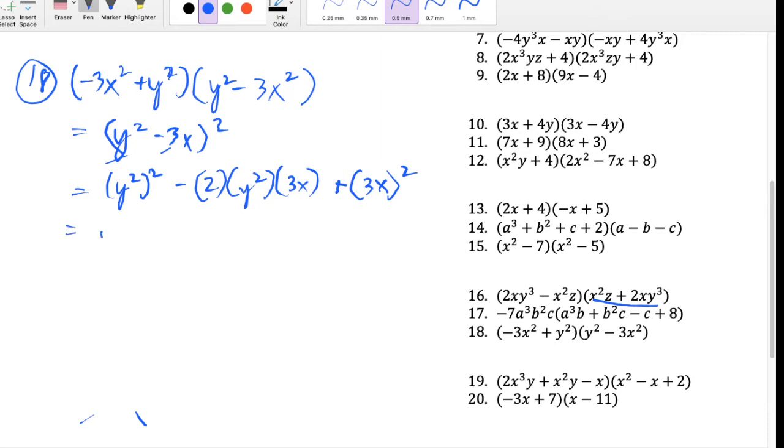This is equal to y raised to 4 minus 2 times 3, that's equal to 6, y squared x plus 9x squared. Okay, so this is our final answer for number 18.